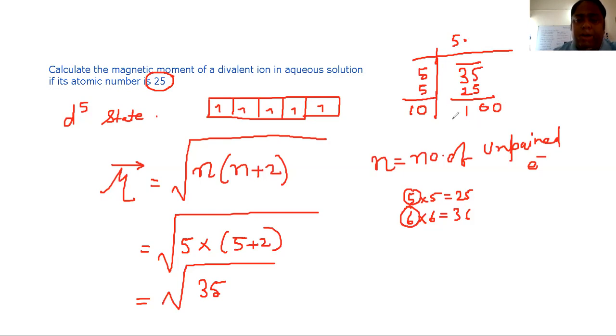Now I have to add 1 digit somewhere here, and the same has to be multiplied with the same to get this one. That is the way we find out the root.